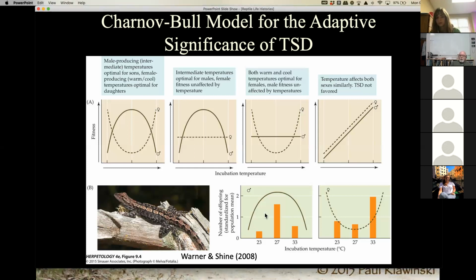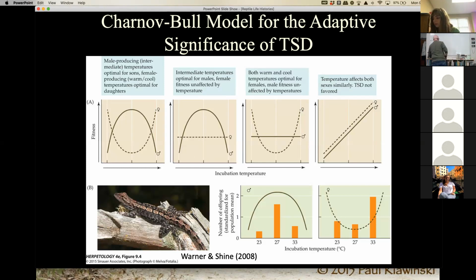And the tricky part of that has been finding experimental evidence that actually shows that this is the case. And the reason for that is it's very hard in a lab to produce males and females in enough numbers at those different ratios to test whether or not temperature actually influences fitness.